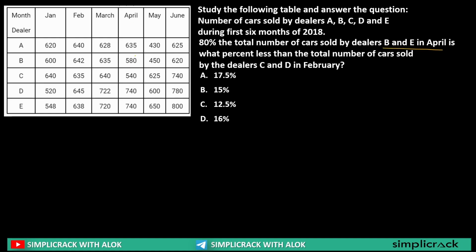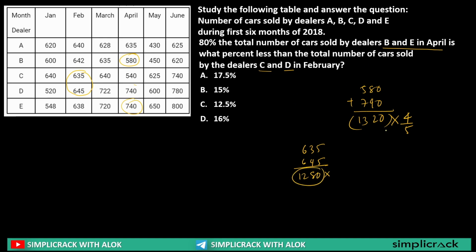So April BE, 580 plus 740. 80% of this one, so 4 by 5, is what percentage less than the number of cars sold by CD in February? February CD 635 plus 645, 1280. How much is it less than this? So 4 by 5 of this much.